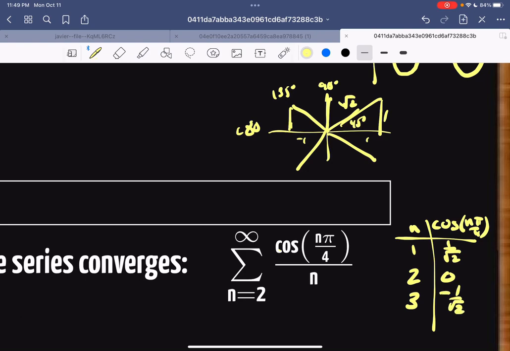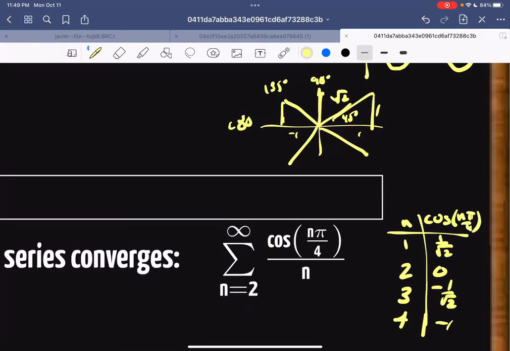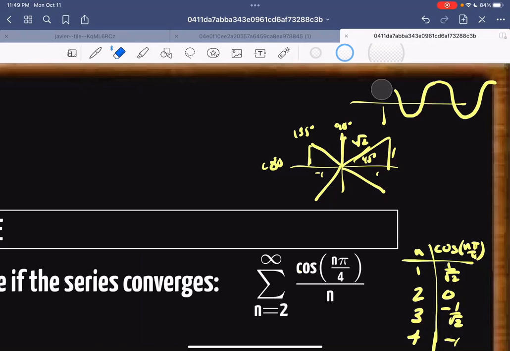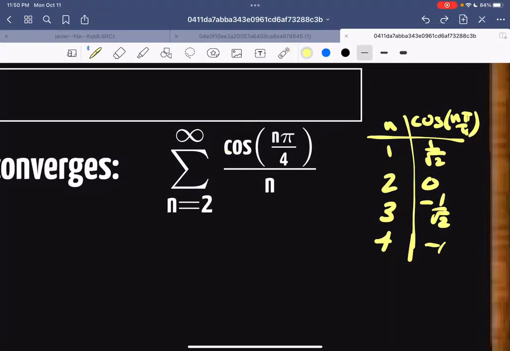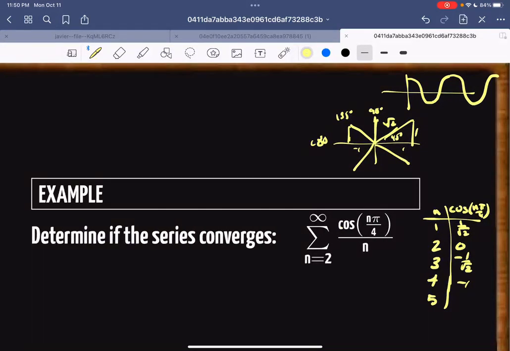And for the fourth one, that gives you cosine of pi. I meant here, pi. At pi, cosine of pi is -1. So then we continue at 5. Now you're over here. 5 pi over 4.